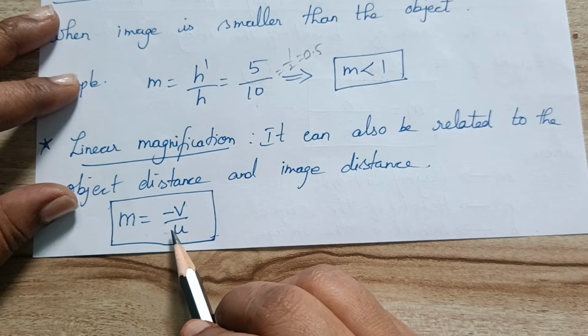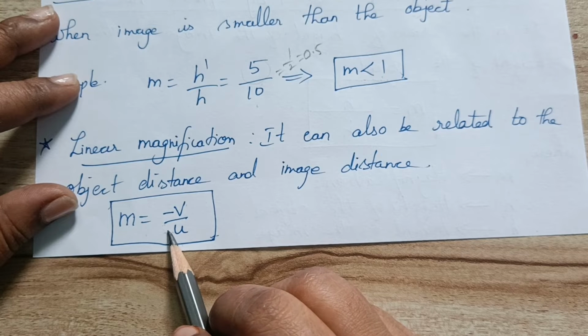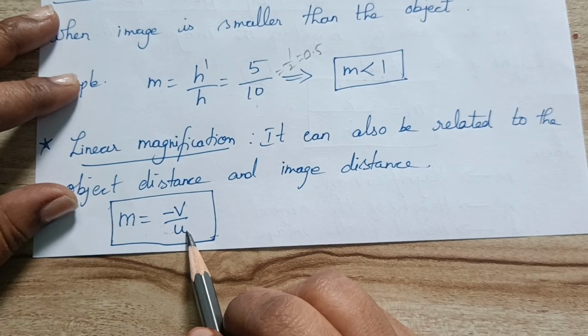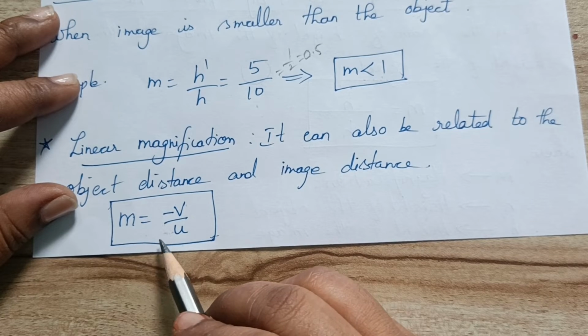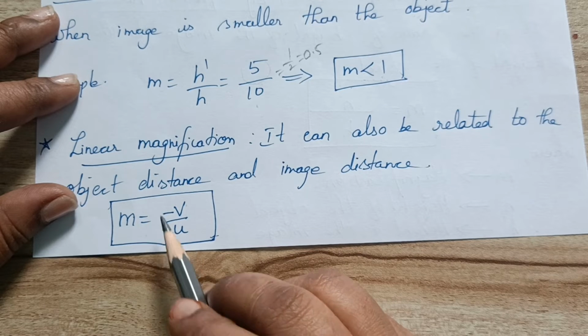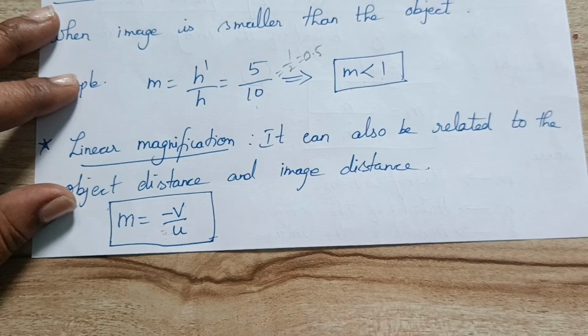So it has to be removed, right? To cancel this negative sign in the denominator, multiply both numerator and denominator by a negative sign. So you'll get minus v by u.